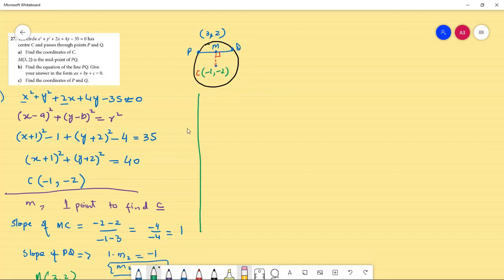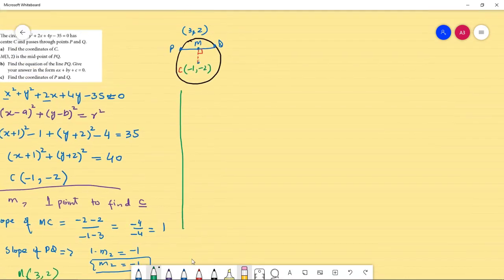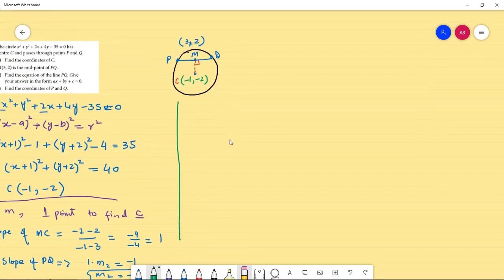By solving simultaneously. So what is the equation of PQ? y = -x + 5. The equation of the circle is actually (x + 1)² + (y + 2)² = 40.